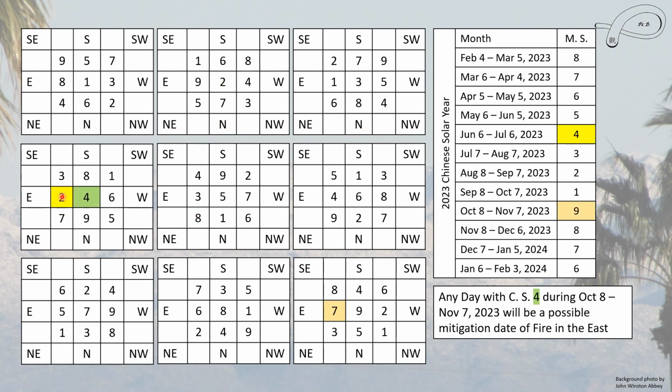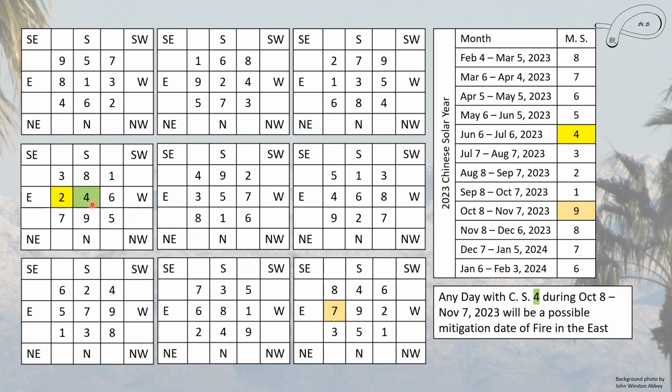Now the other possibility is this 2 and the 7. So we only have 2 months here. So during October, the October-November month, this is of course the Chinese solar month, so this is why they have weird dates in the Western calendar. But we will have a 9 in the center, which gives us the 7 in the east.